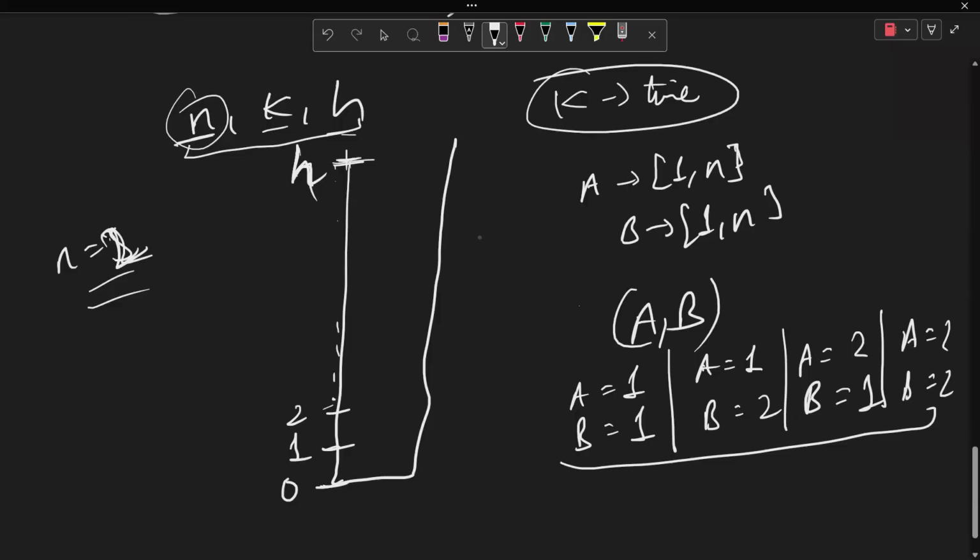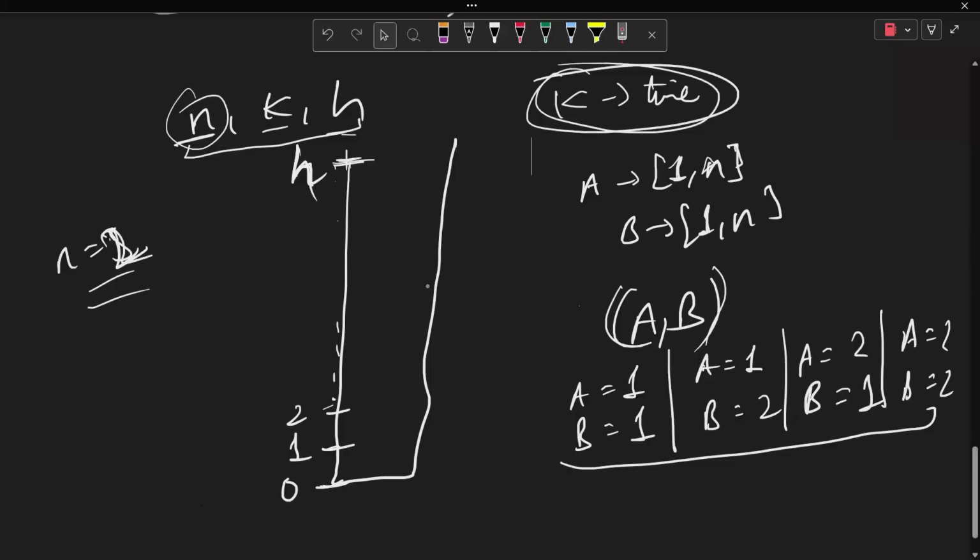So we have to pick a in the range from 1 to n and b in the range from 1 to n. Among all the pairs of a and b, we have to find how many pairs are there so that the frog can reach out of the well within k seconds. That's what we need to find.